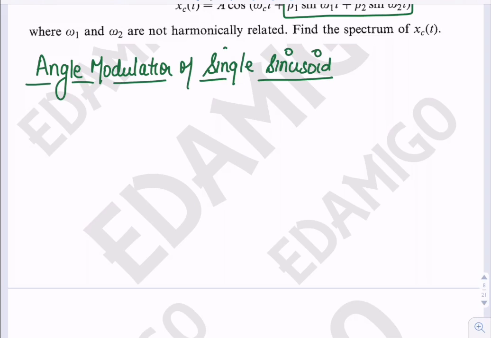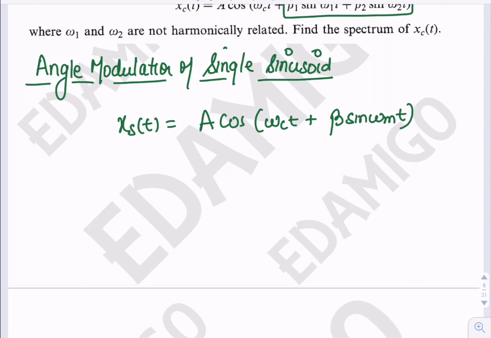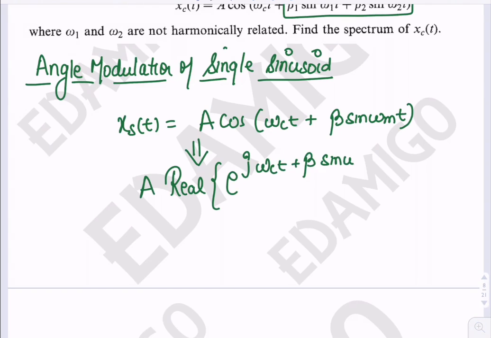So let us assume a new signal x(t) equals A cos(omega_c t plus beta sin(omega_m t)). This can be written as the real part of A times e to the power j(omega_c t plus beta sin(omega_m t)).